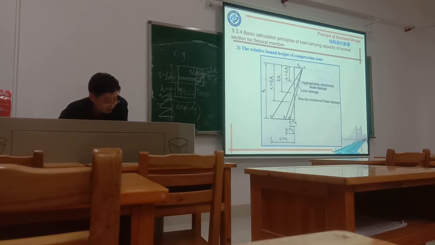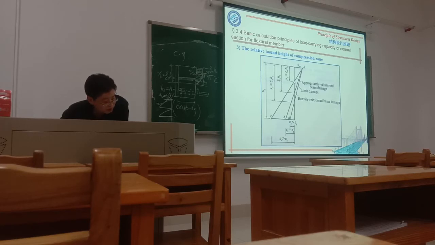You see, for the AB situation, CB H0 is the compression zone, the height of the compression zone. Once the compression zone is larger than this value, that means it's over reinforcement.